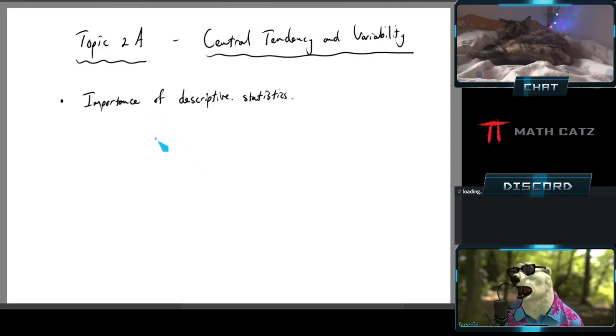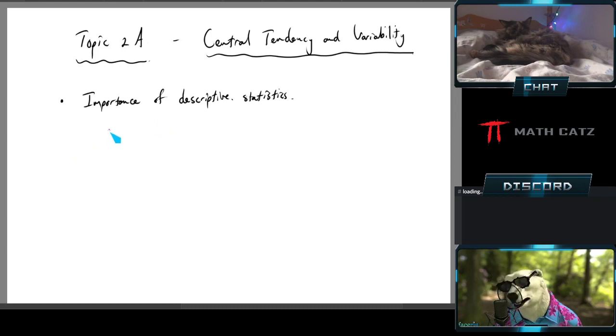And down the line, we want to use that in some way to make sound decisions for the future. But right now, in topic 1 we just focused on describing it. And we use the frequency table, we use the histogram, bar graph, depending on the type of variable.